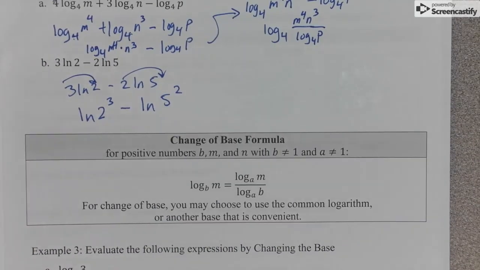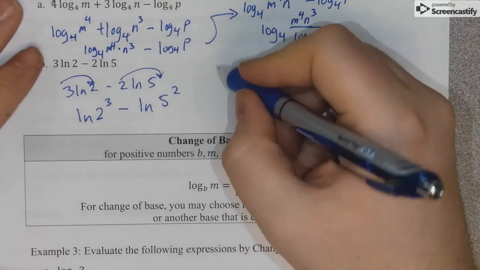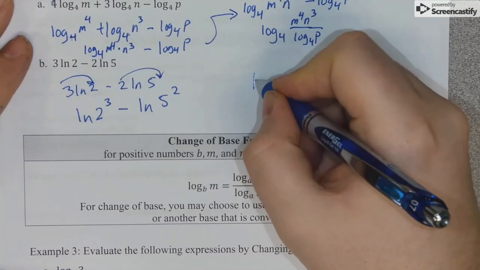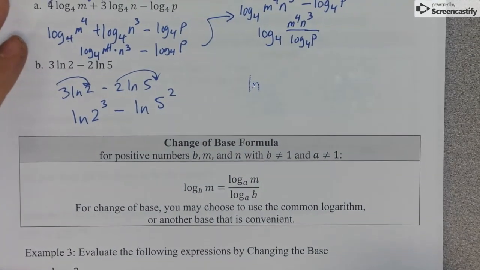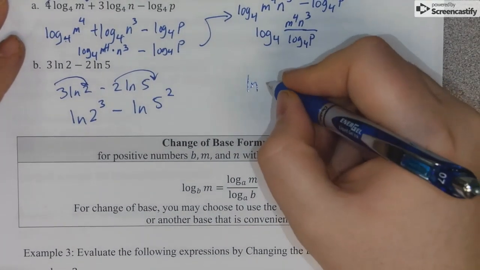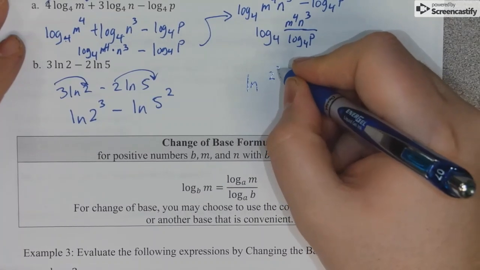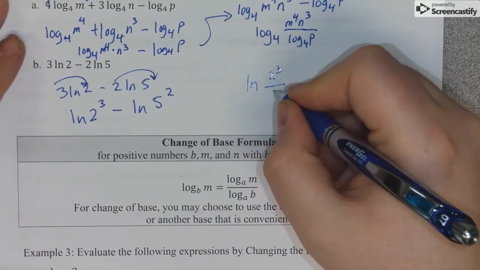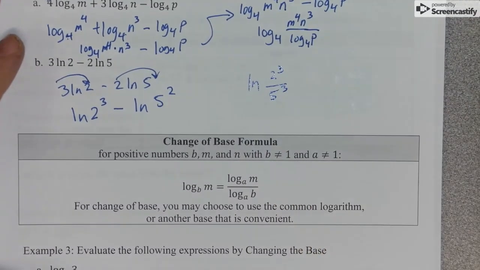Since we have subtraction, ln 2 cubed minus ln 5 squared, we're allowed to rewrite it using division. So we could take this as ln of 2 cubed over 5 cubed.